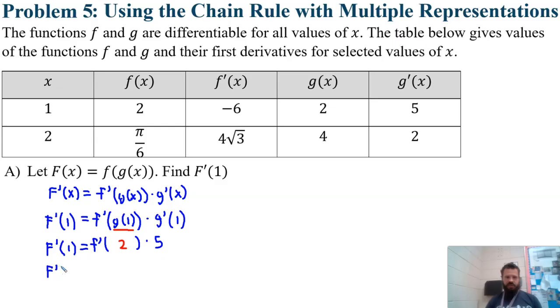So f prime of 1 is equal to little f prime of 2, which is 4 over the square root of 3, times the 5 again. So we end up with 4 times 5, which is 20 over the square root of 3.